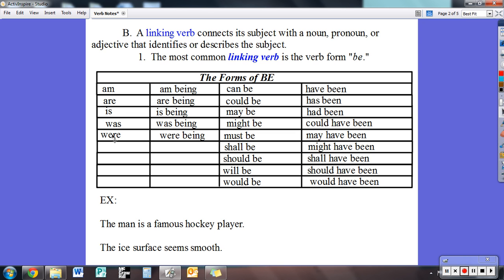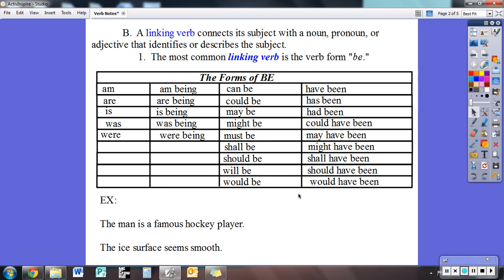Was and were are past tense. Am, are, is, that's present tense. Anything that says shall be or will be, that's future tense. So there are lots of forms because of all the different verb tenses, past, present, and future. That's why there's so many. But you need to be able to identify them all. So that's why I say go ahead and put them in your notes.